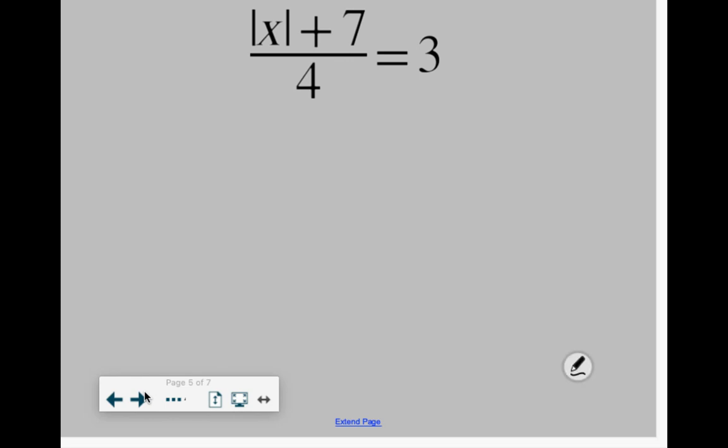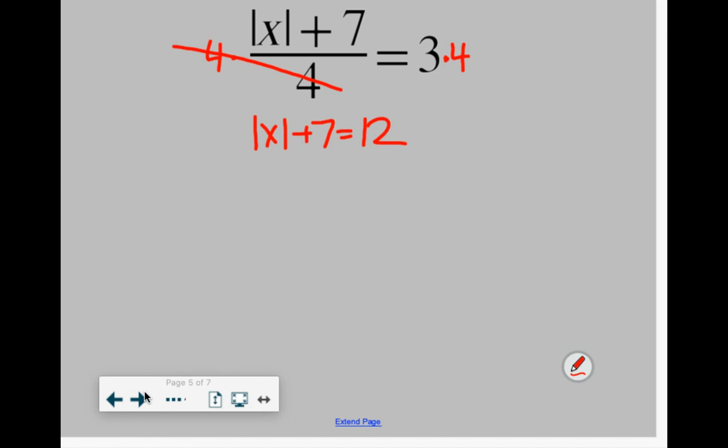How do I get rid of that 4? Multiply. Fractions are just division, so to get rid of them, you multiply. 3 times 4 is 12. These 4s on the left cross each other out.